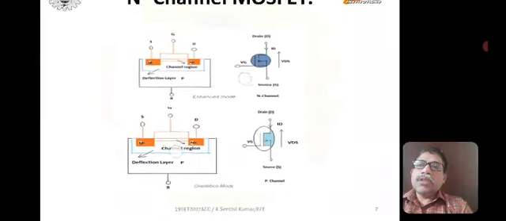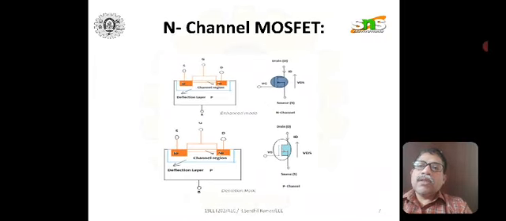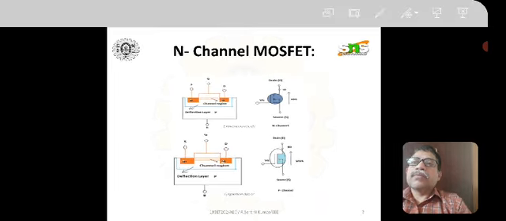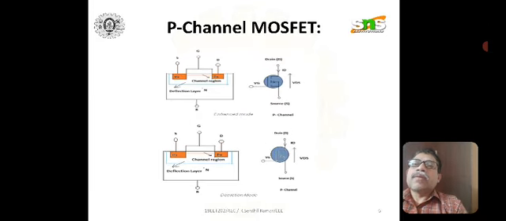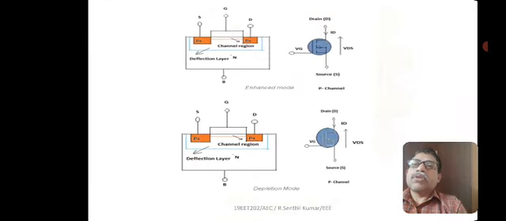Similarly for the P channel, N is replaced by P and P is replaced by N. See here the P channel MOSFET, both in the enhancement and depletion mode operation.